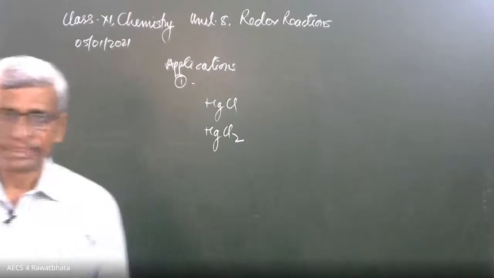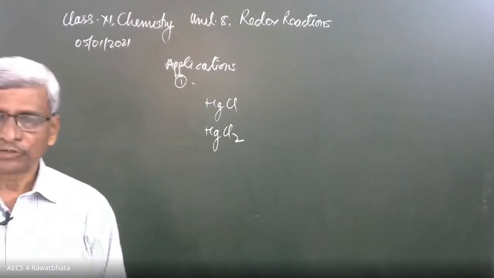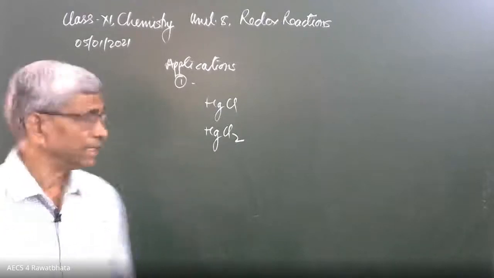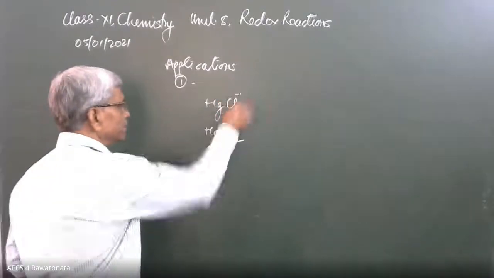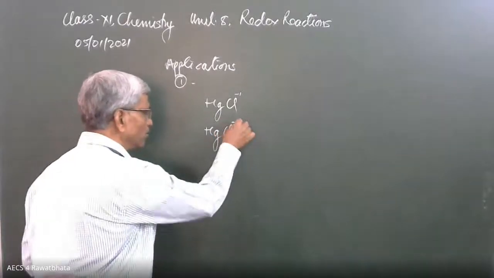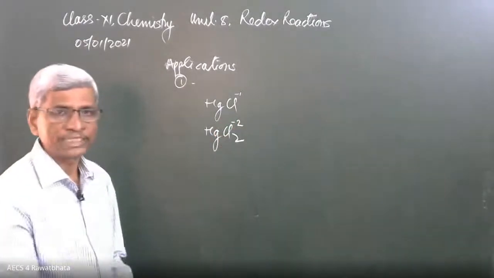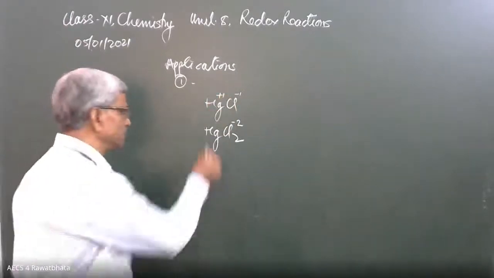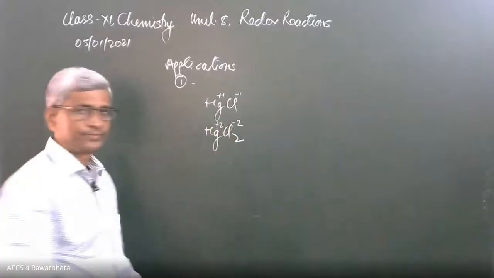What is the name of these compounds? Both are correct. Mercury exists in two different oxidation states. Here Cl is -1. Here Cl is also -1, but total Cl oxidation state is -2 because of 2 Cl. Here Hg oxidation state is +1. Here Hg oxidation state is +2.